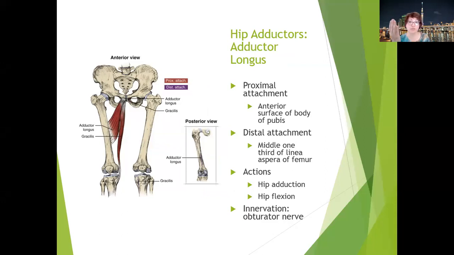So it also runs from anterior on the pelvis to posterior on the femur, giving it a line of pull for hip flexion. And it has a medial to lateral oblique line, giving it the line of pull for adduction. And it's innervated by the obturator nerve, like all the other ones with adductor in their name.